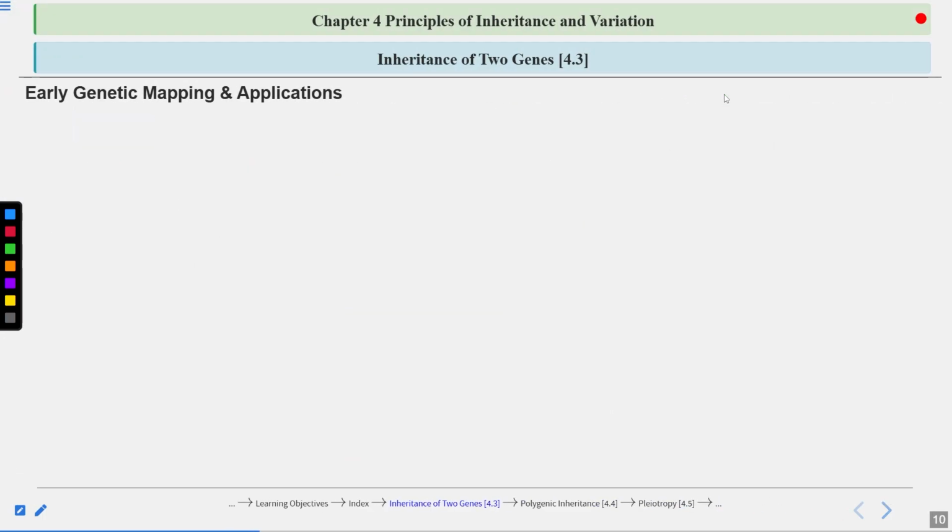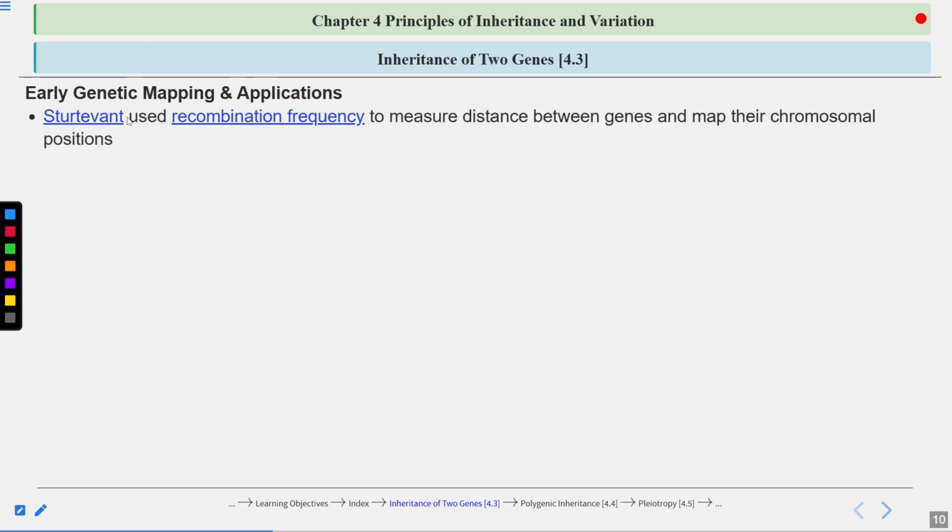Now let's talk about early genetic mapping and the application. Now Sturtevant, he was a student of Morgan. He used recombination frequency to measure the distance between the genes and map their chromosomal positions. Okay, so what Sturtevant did, he used recombination frequency, also known as frequency of recombination, to measure the distance between the genes.